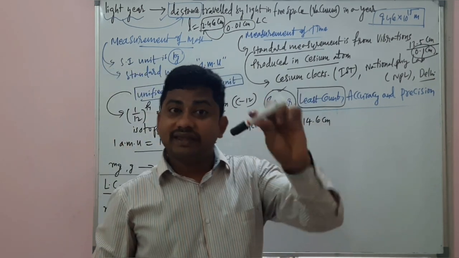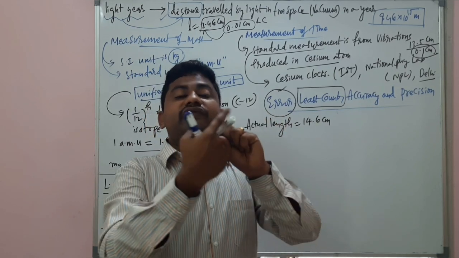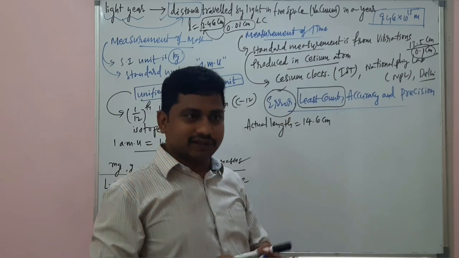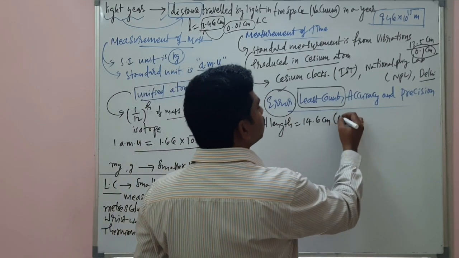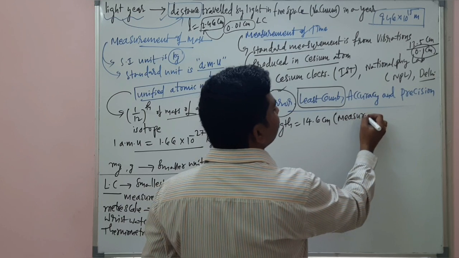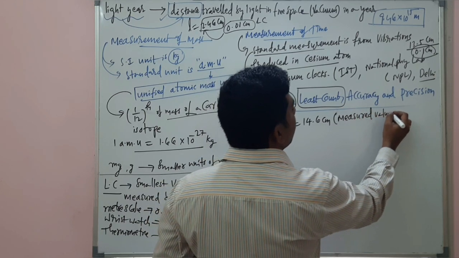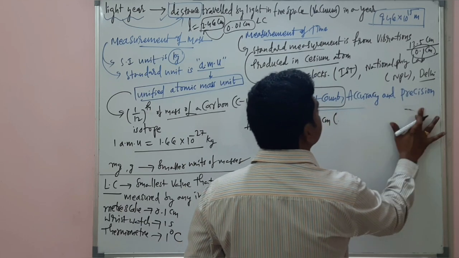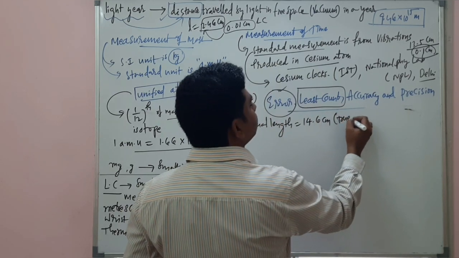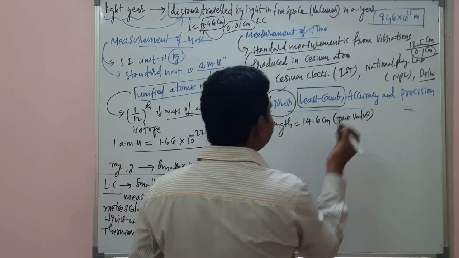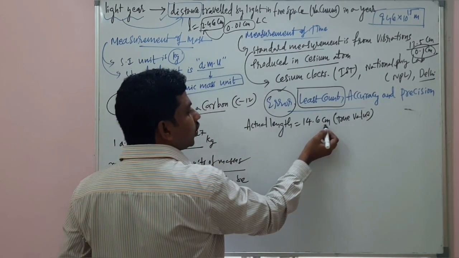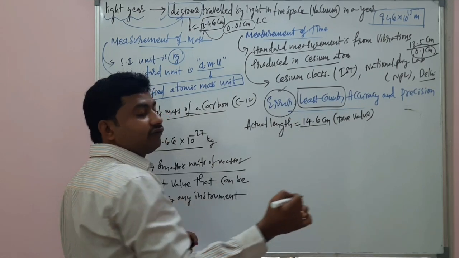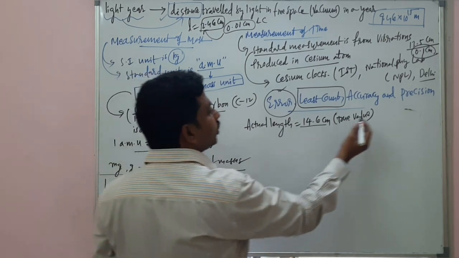That is, during the manufacturing of this pen, they have given me this actual length, which is also called the true value. The measured value is different. So the actual length I got when purchasing or manufacturing the pen is 14.6 centimeters, and that's called the true value.